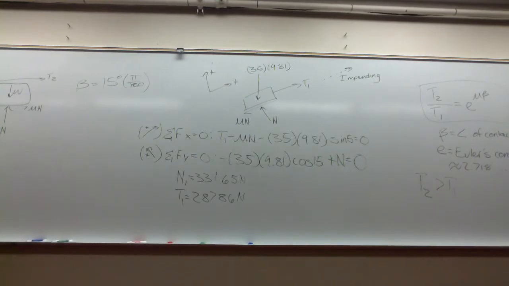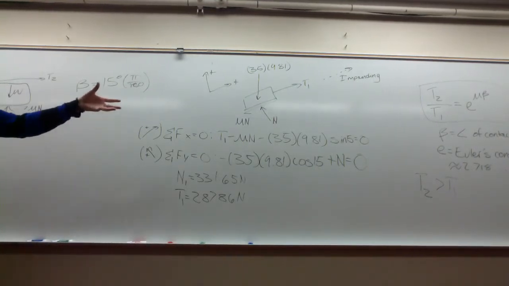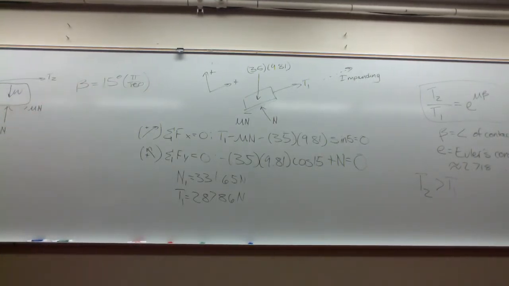Okay, so our 15 degrees, putting it in radians. If we solve for our tension, is T2 or T1 larger? What do you think? T1 is larger? Why do you say that?